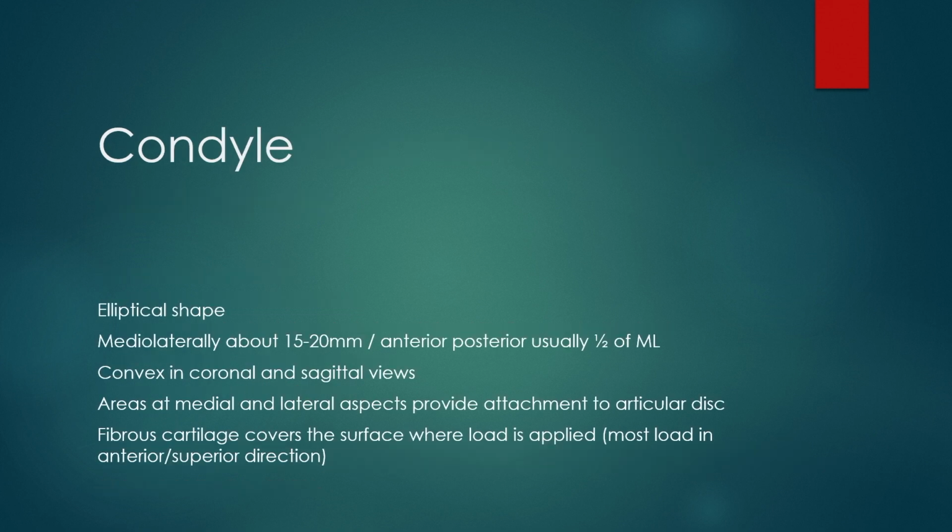So the condyle in a healthy joint is an elliptical shape. It's about 1.5 centimeters to 2 centimeters wide and about half that in the anterior-posterior direction. It should be nice and rounded. And as I mentioned before, the lateral and medial are where the disc actually holds on.